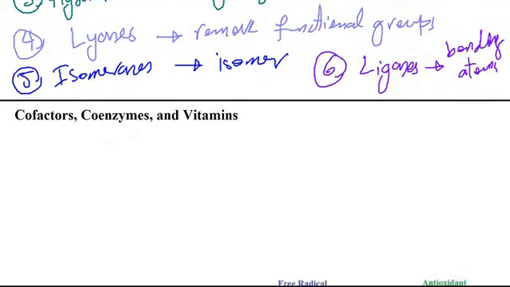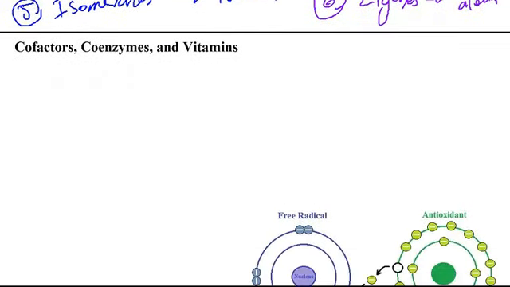Next, I would like to discuss cofactors, coenzymes, and vitamins. So we discussed how most enzymes are made of proteins. Now, some of these enzymes could be made of pure amino acids and proteins, but some of these enzymes could have other helper molecules, and these helper molecules are called cofactors. So usually cofactors are inorganic ions, like for instance copper or zinc, that will help the enzyme with its function.